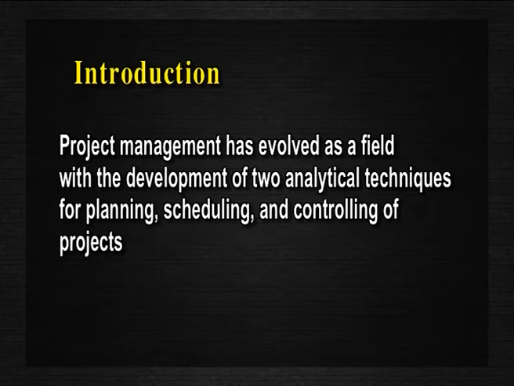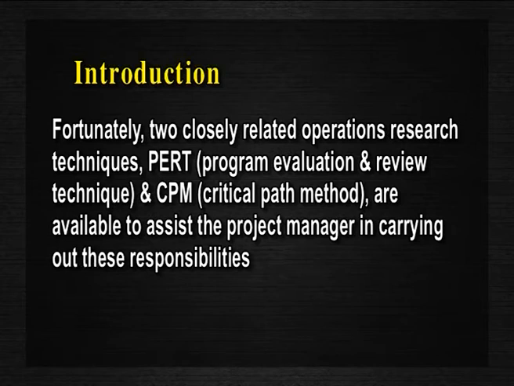Project management has evolved as a field with the development of two analytical techniques for planning, scheduling and controlling of projects. Fortunately, two closely related operations research techniques, program evaluation and review technique and critical path method, are available to assist the project manager in carrying out these responsibilities.